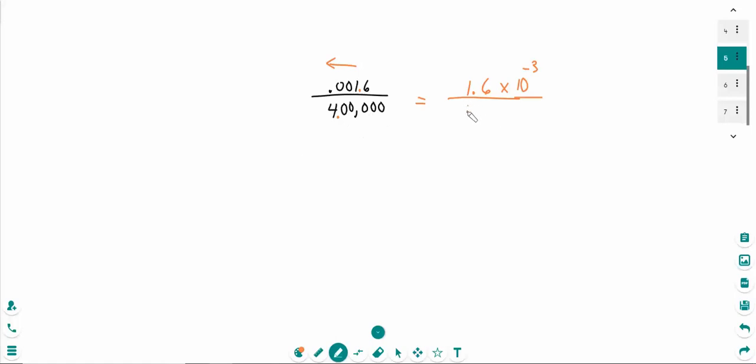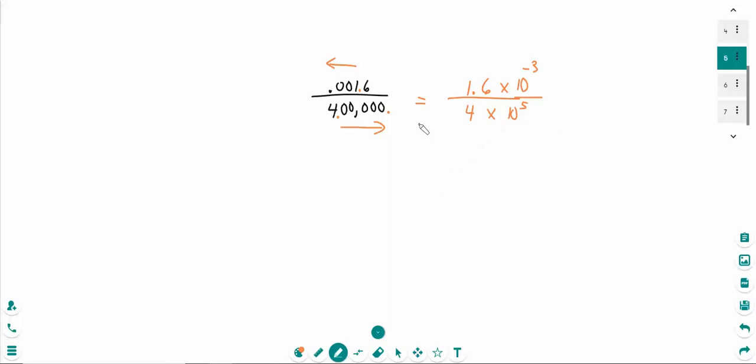So it's going to be a 4.0, which is just a 4, times a 10 raised to what power? Well, where is the decimal point here? It's over here, right? So to get to there, we need to move it 5 positions to the right. So we're going to multiply this by a positive, or excuse me, 10 to a positive 5 or 5th power.